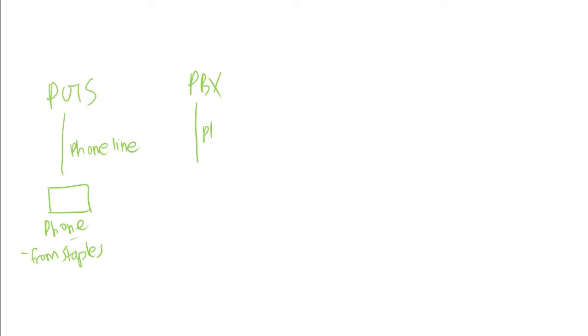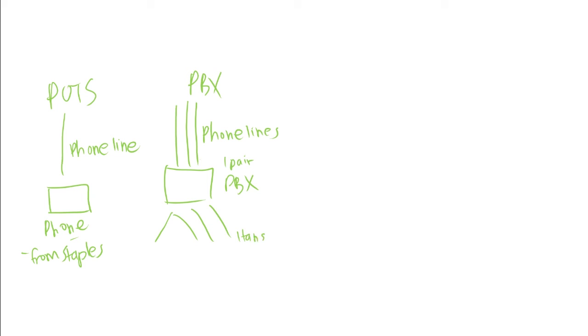So you still have phone lines, but you might have multiple lines coming to a PBX. So these are still two pair or one pair, and the PBX connects to the different handset extensions with one pair. This is like a Nortel, Toshiba, Avaya, IP Office, Digital.